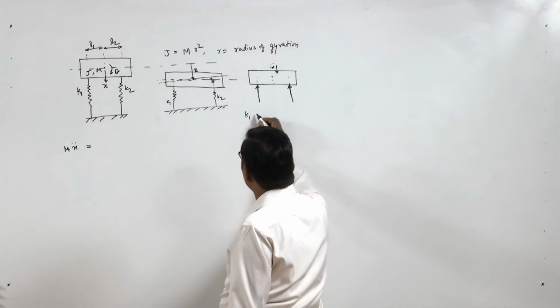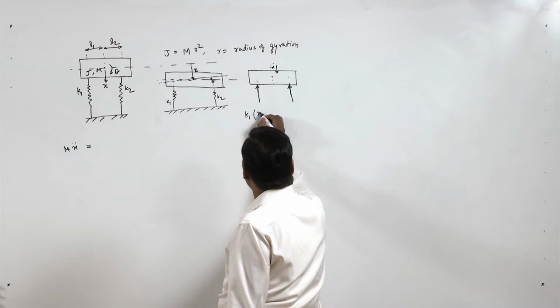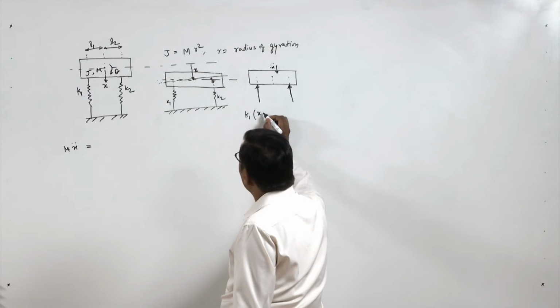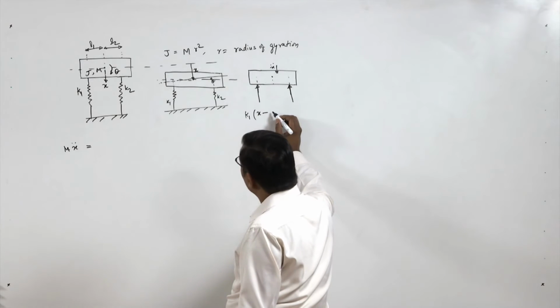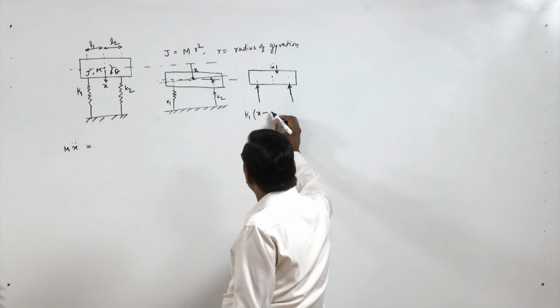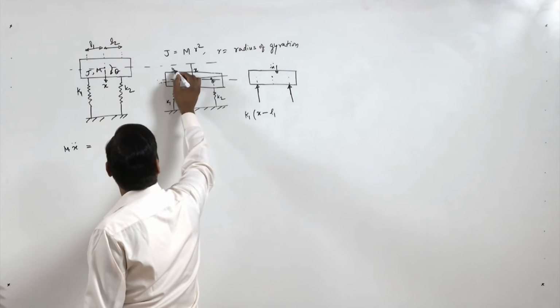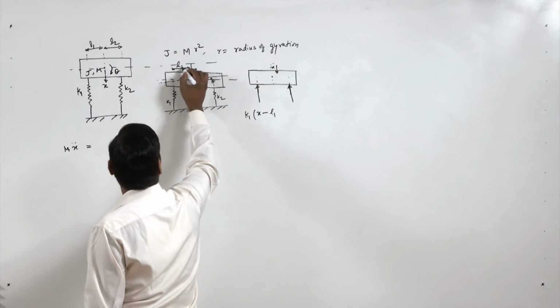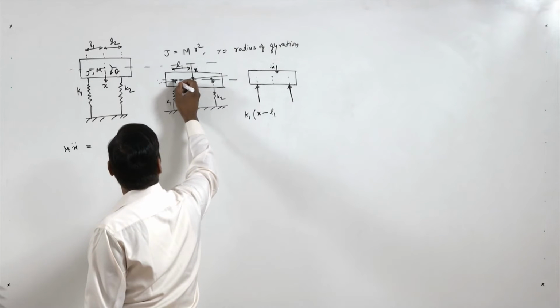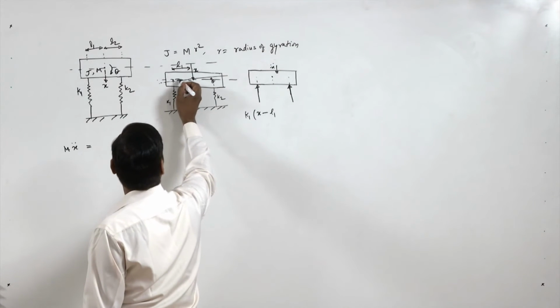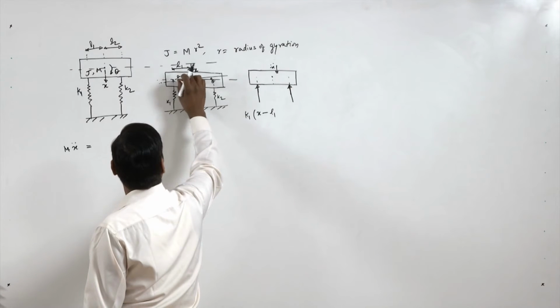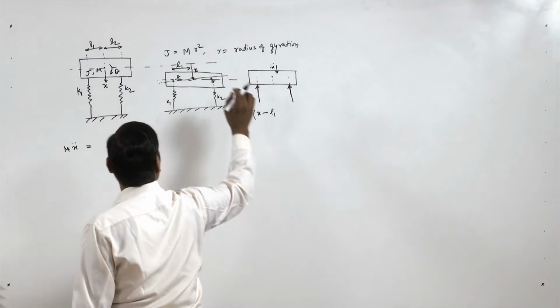So k1 into x minus L1, this distance is L1, so L1 times theta, because this angle is theta, so L1 theta is this distance.